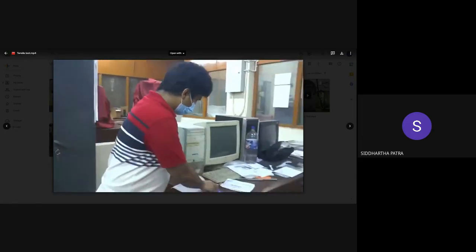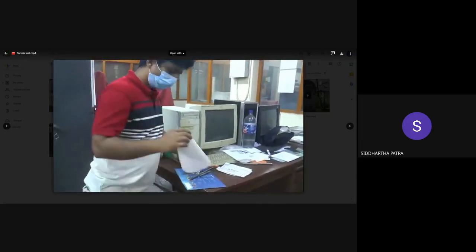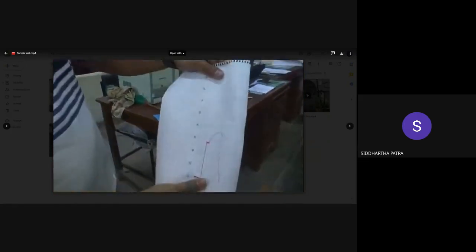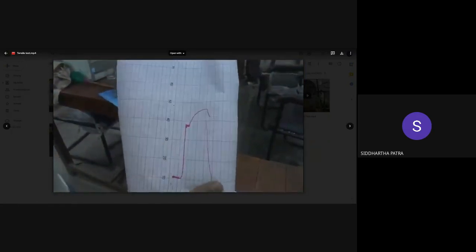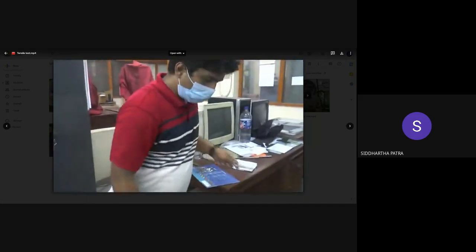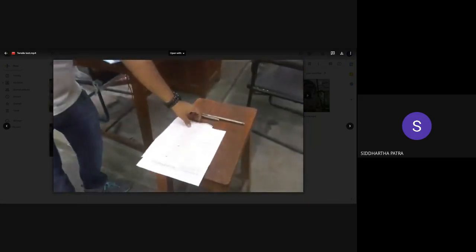Okay. And also we have generated this graph that shows you the value of the load versus the elongation. So that is there, and we have this broken specimen over here, and this is your instruction sheet over there.